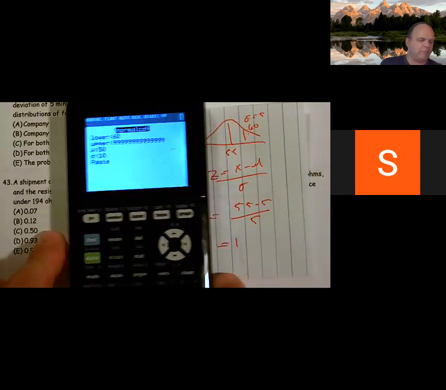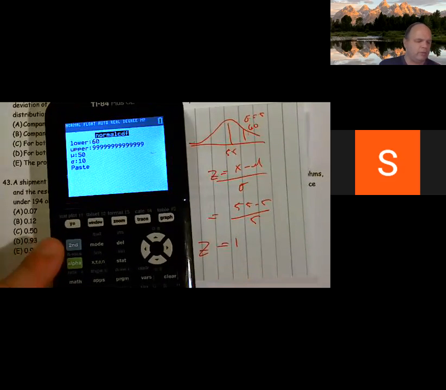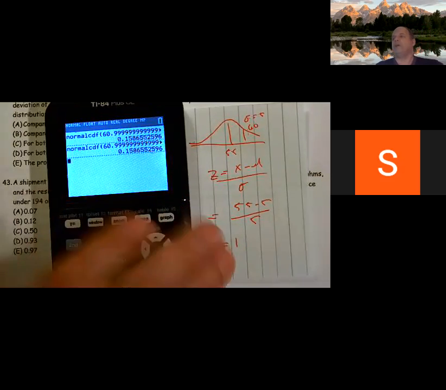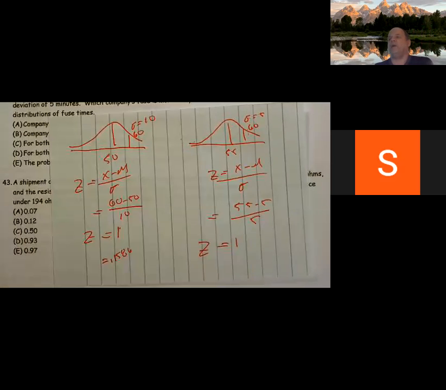Lower is now 60, upper is infinity, mean is 55, standard deviation is 5. And I also get 0.1586. So for both companies, the probability the fuse will last at least 1 hour is 15.9%.